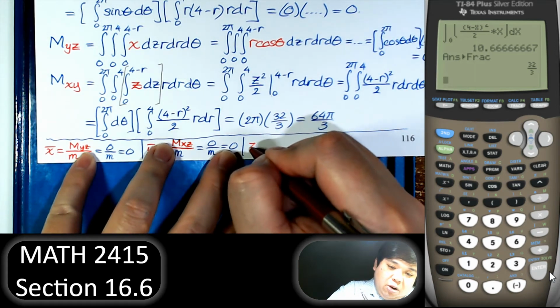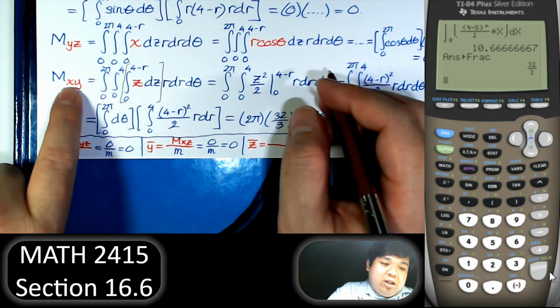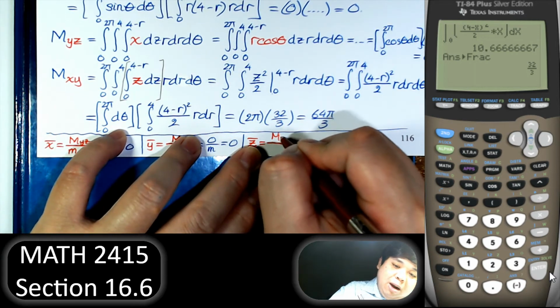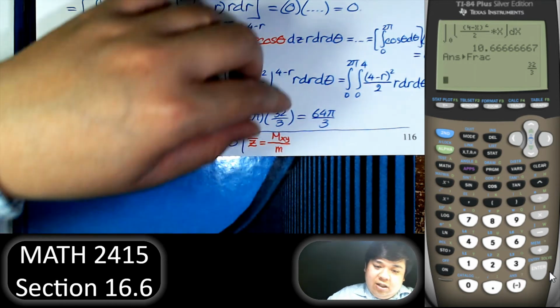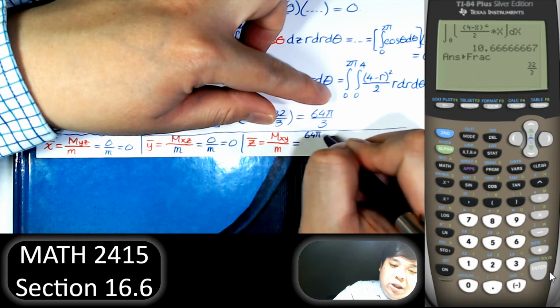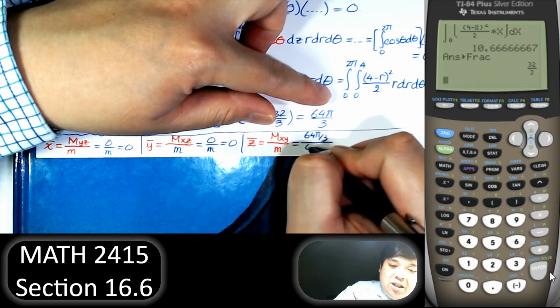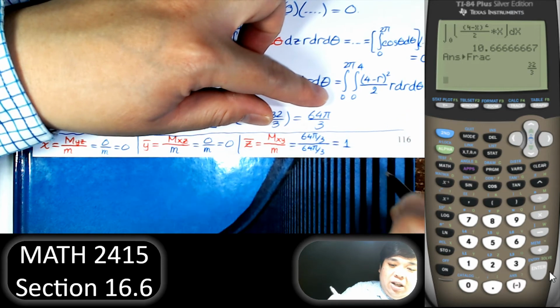And then the z bar, where we stick a z to it, so the moment about the xy plane divided by mass. 64 pi over 3 divided by 64 pi over 3. They are the same, so when they divide, it's 1.